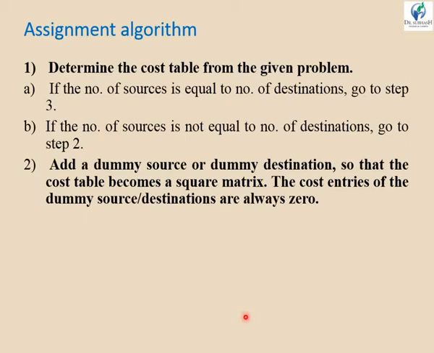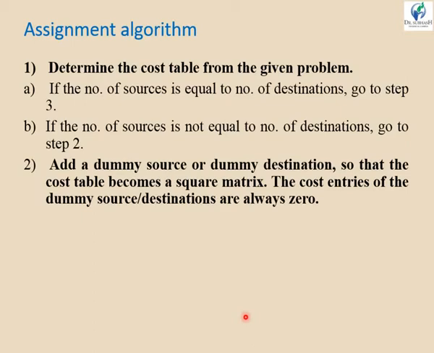So what does it mean to say this? The first step is to develop the cost table from the given problem. Once you have developed it, your task will be to identify whether the number of rows and number of columns are equal or not. As you had seen in the transportation problem, we were checking whether the problem is balanced or unbalanced.